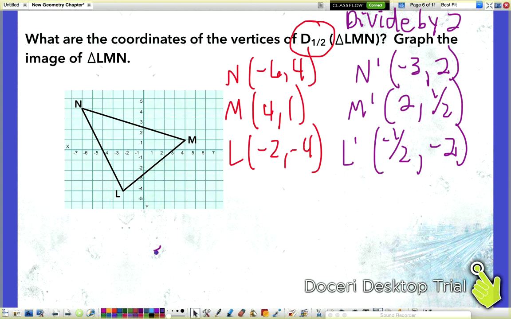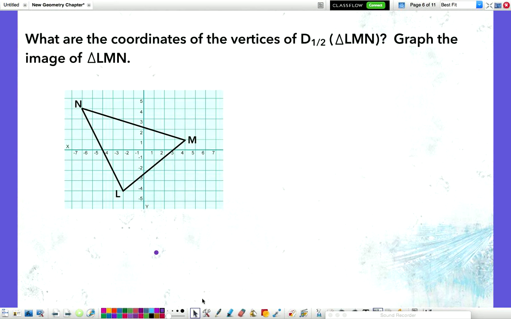So let's graph this. Negative 3, 2, 2 and 1/2. Let's go like this. Okay, so we have negative 3, 2.